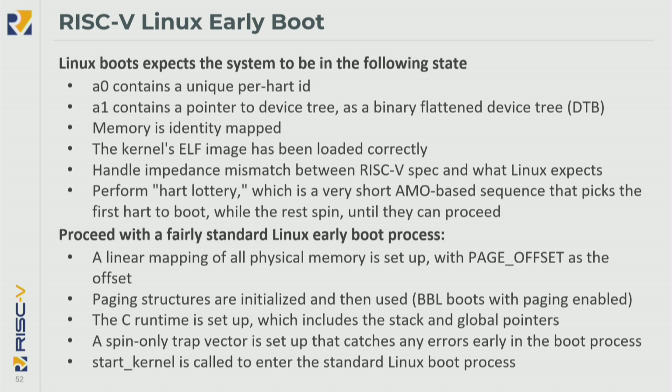The memory is identity mapped, and the kernel ELF image has been loaded correctly. It also handles the impedance mismatch between the RISC-V spec and what Linux expects, and then performs a hart lottery, where it simply picks one of the harts to boot, while the rest simply spin until they're allowed to proceed.